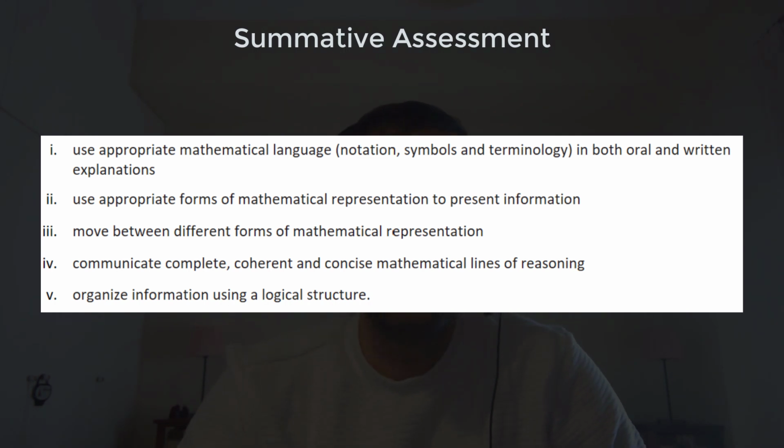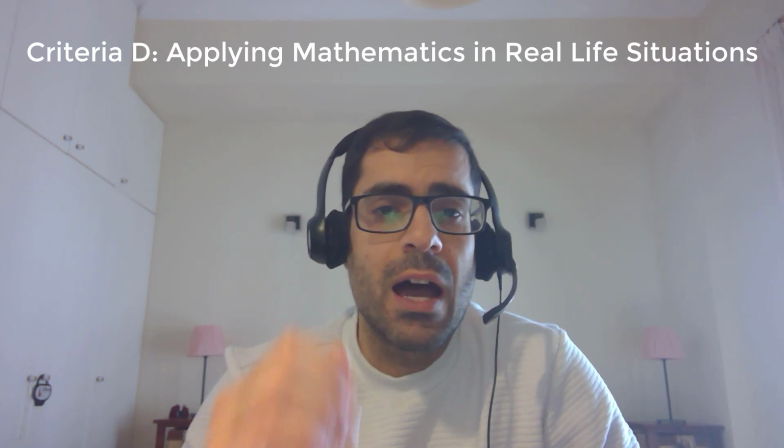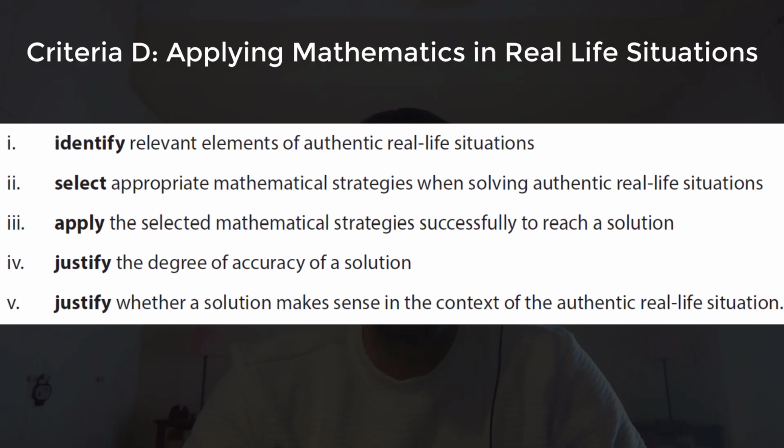Then criteria D, applying math in real life context. The first strand is identifying relevant elements of an authentic real life situation. The next strand is selecting appropriate math strategies when solving authentic real-life situations, and applying the selected mathematical strategies successfully to reach a solution, justifying the degree of accuracy of a solution, and then justifying whether a solution makes sense in the context of the authentic real-life situation.